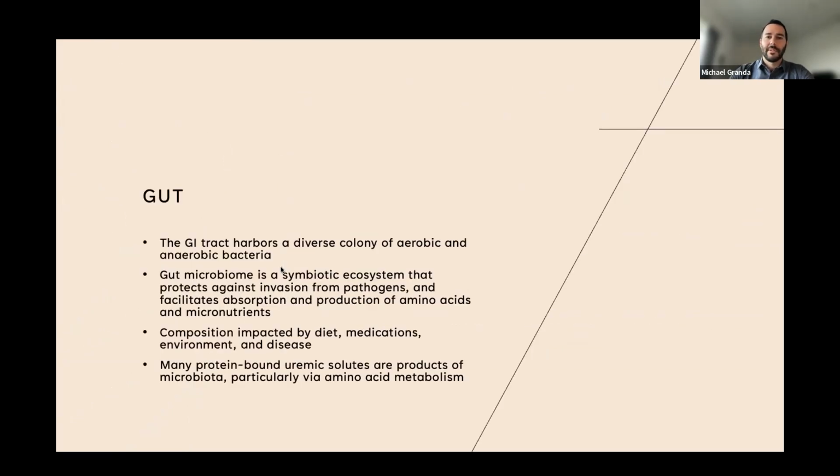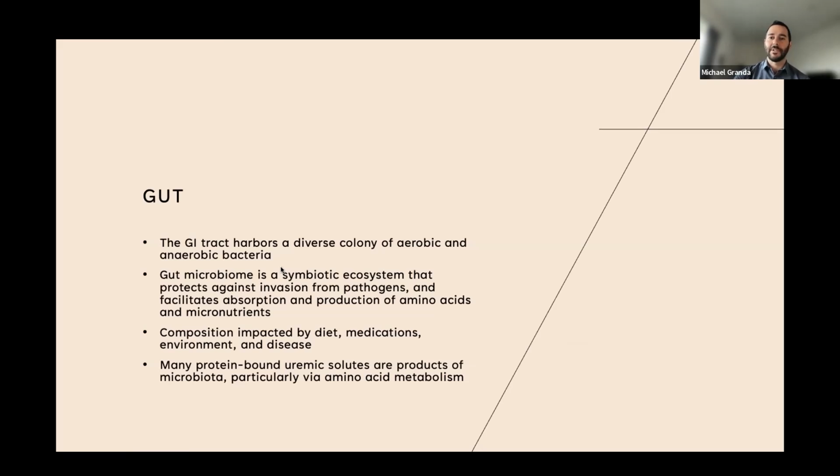So first up is the gut, which harbors a very diverse colony of different types of bacteria, which we call the microbiome. The microbiome is a symbiotic ecosystem that protects against invasion from pathogenic organisms.